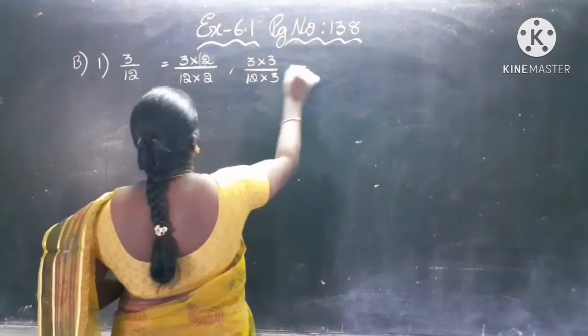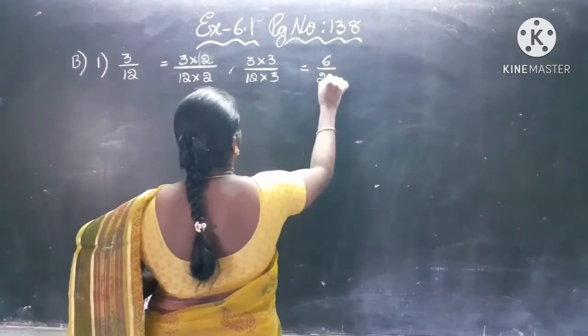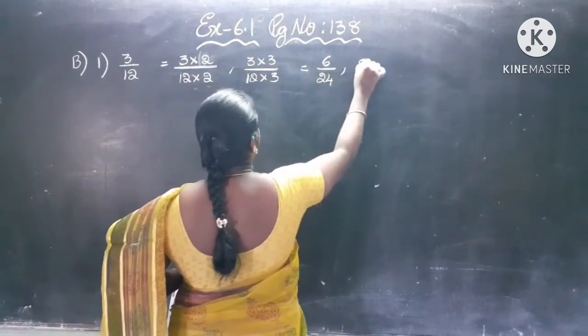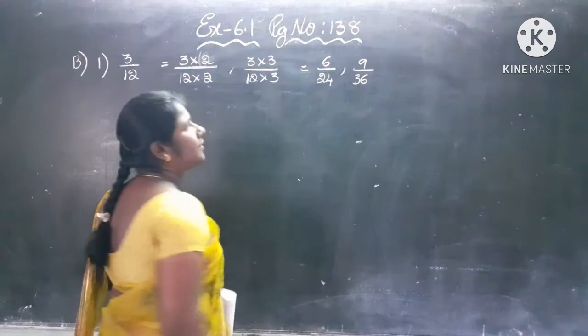So, 3 2s are 6 by 12 2s are 24. Again 3 3s are 9 by 12 3s are 36.